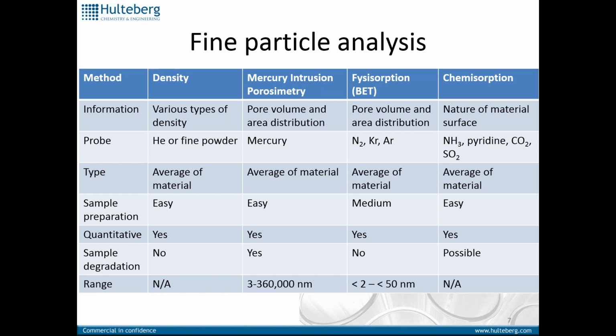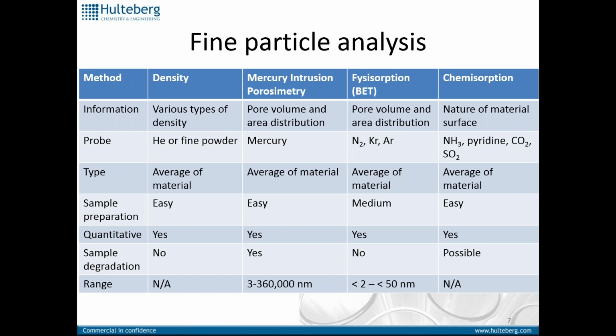Here is an overview table of the ones we will be covering today. We have various ways of measuring density. We have mercury intrusion porosimetry. We have physisorption, which is normally interpreted with the BET equation and also therefore referred to as BET analysis.